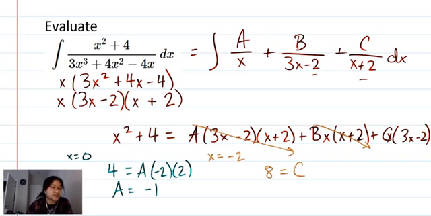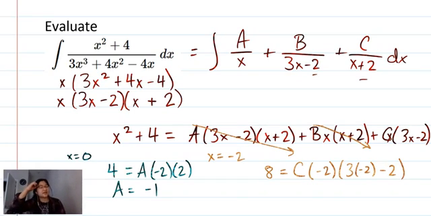And then we have C times negative 2 times 3 times negative 2 minus 2. And so that gives us 8 equals negative 8 times negative 2 is 16. So 8 over 16 equals C, or C equals 1/2.